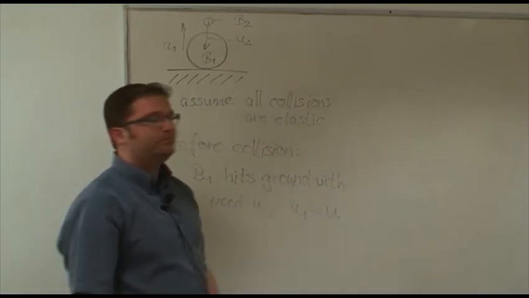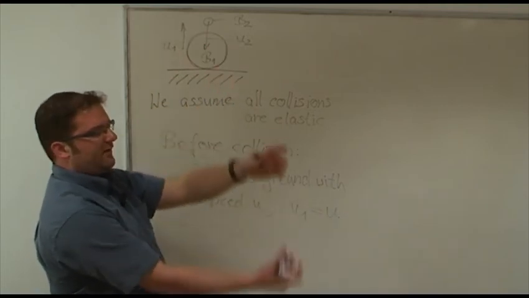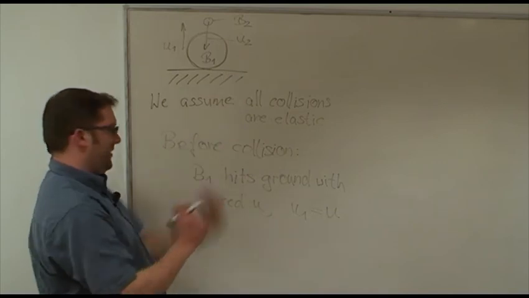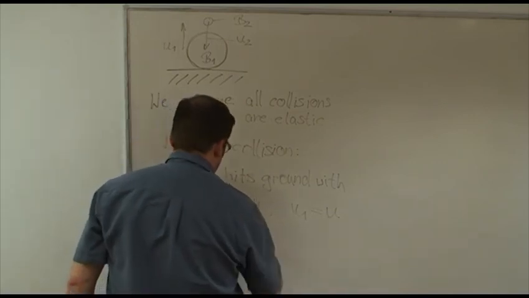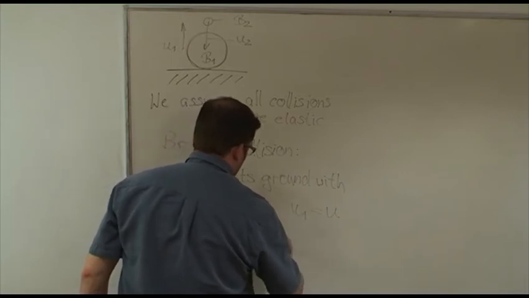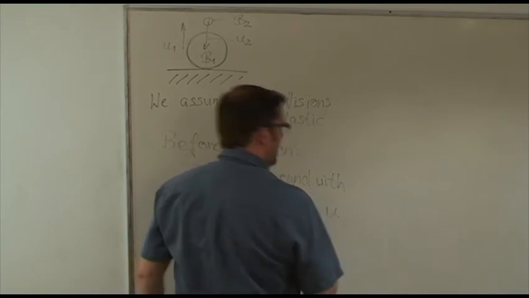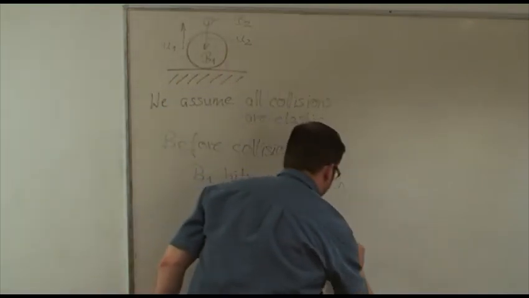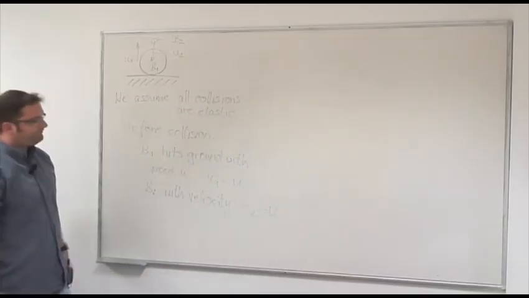What about B2? Well, B2 is still falling down. Both balls fall together, apart from this instant where they move in opposite directions, so the velocity of B2 will also be u. In fact, it will be minus u because it's pointing downwards. So u2 is minus u.